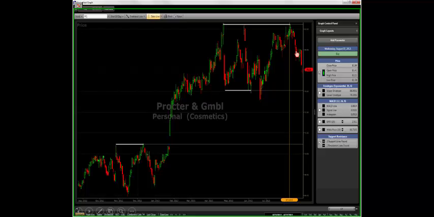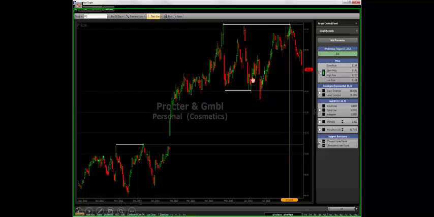First off, if you see price coming down and hitting a support level, which was this line down here, and bouncing off, that's bullish. Typically what happens is price comes down, hits support.